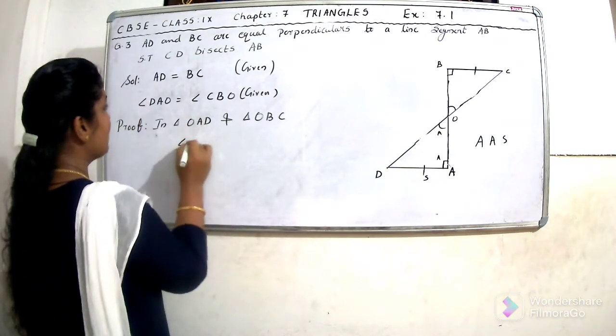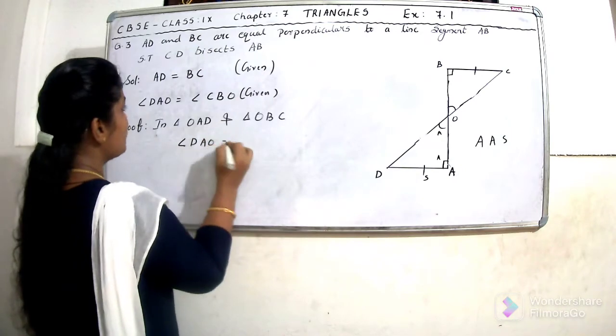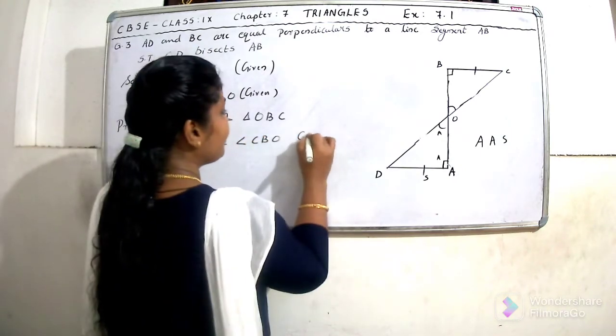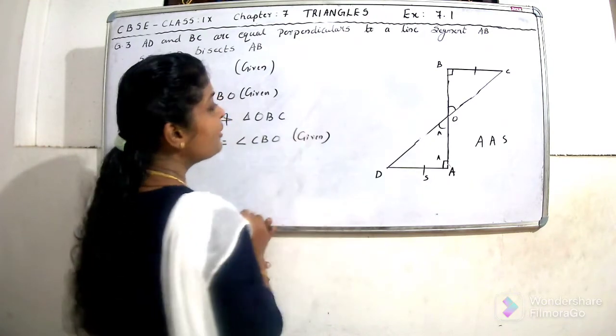This one. Angle DAO is equal to angle CBO, given.